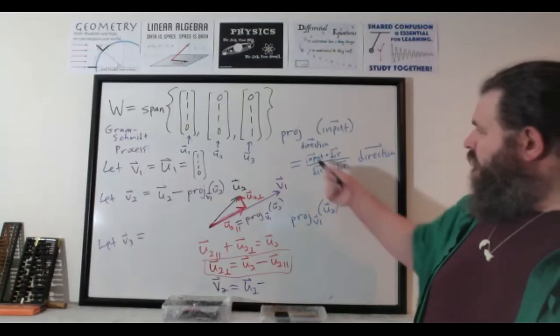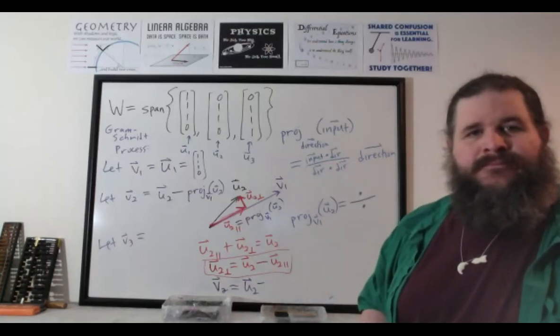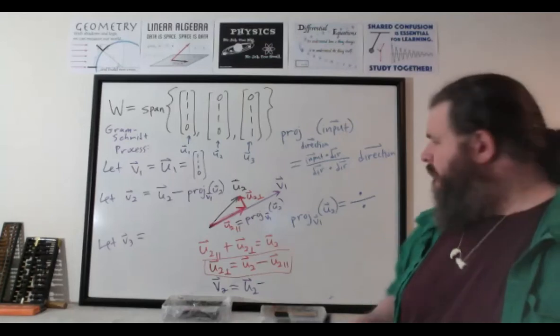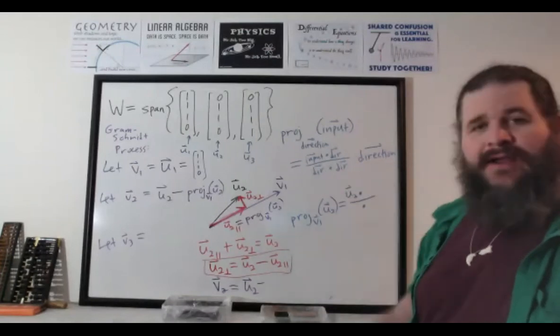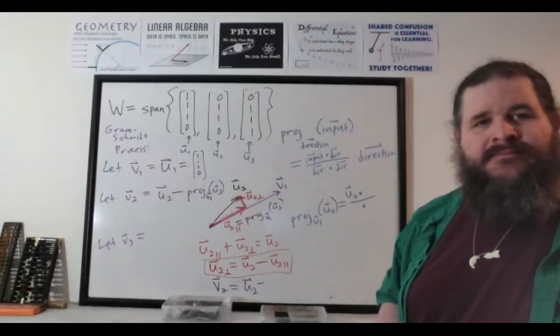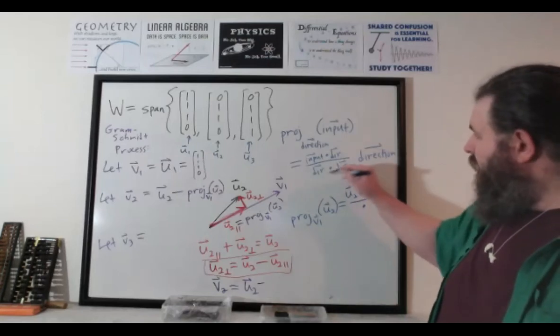In this case, what's the input vector we're using here? U2. Yeah, so we take vector U2. And what's the direction vector we want to cast it in? V1. Yeah, so we'll use V1 everywhere we see direction.